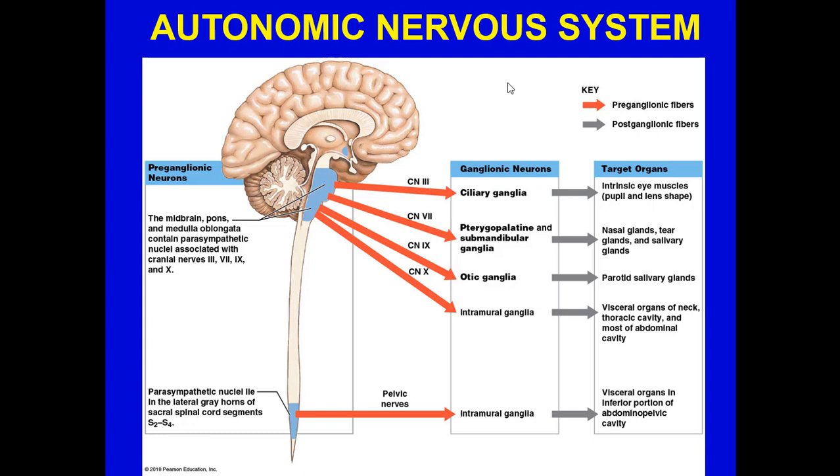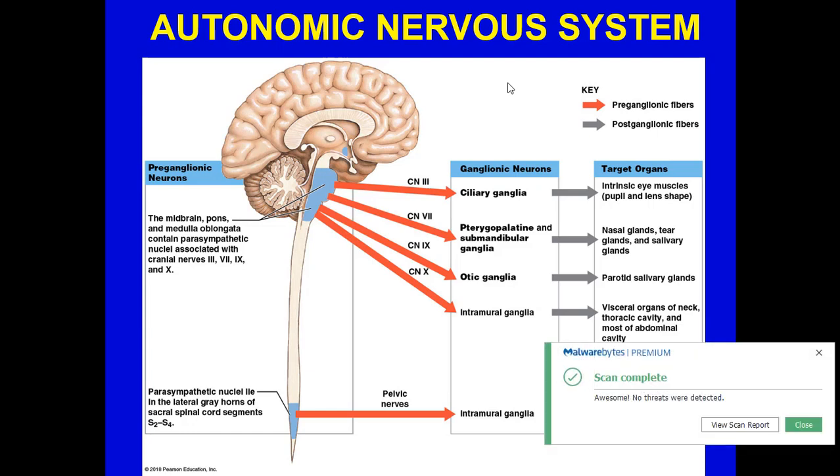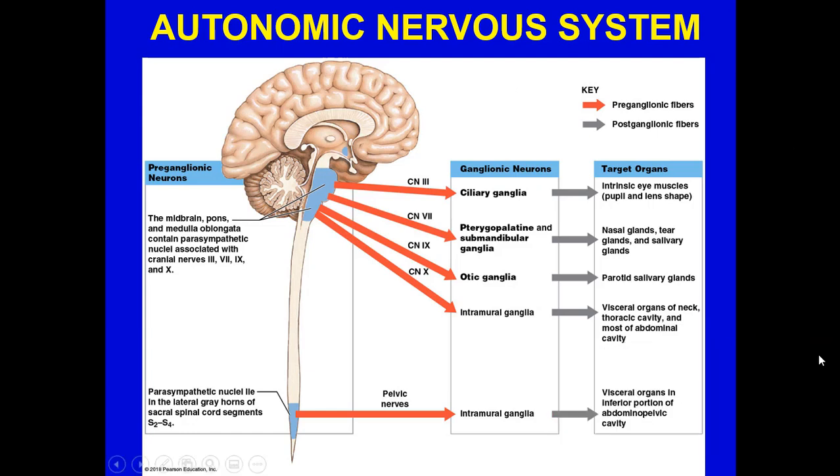Cranial nerve number 9, its preganglionic will eventually meet up with the otic ganglia, and its postganglionic neurons will act on the parotid salivary glands.